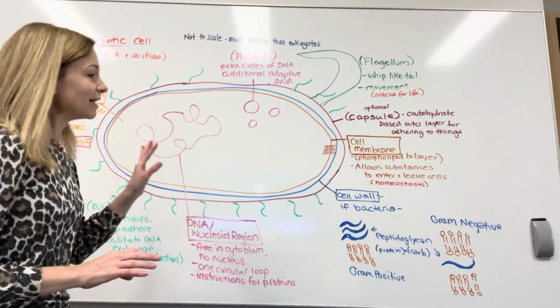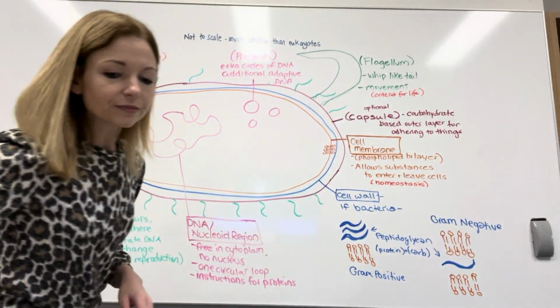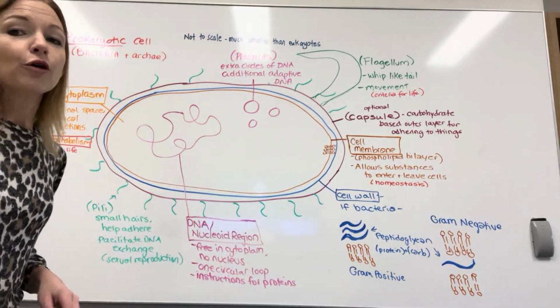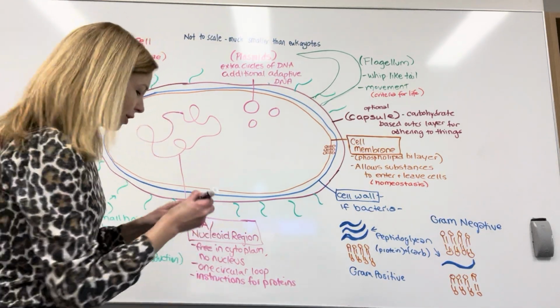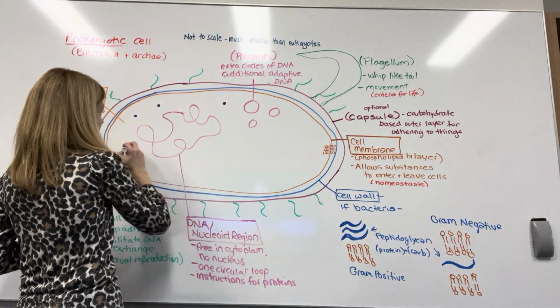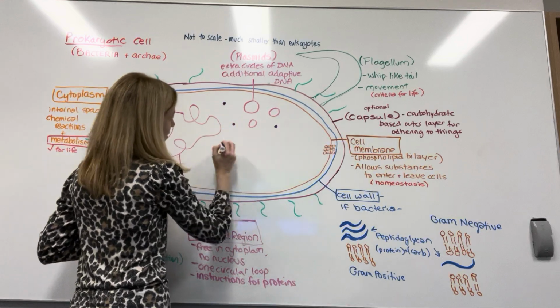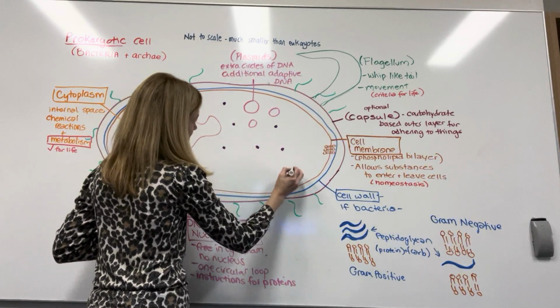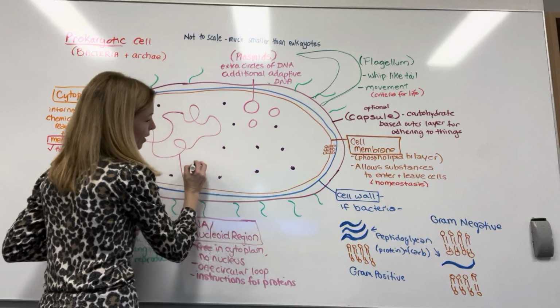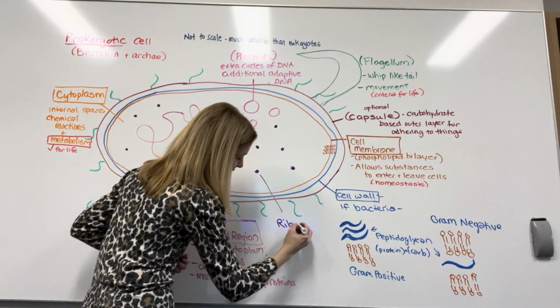And then the last thing that we need to add to our diagrams is something that all living things have, which are ribosomes. So we're going to add our ribosomes. So here are my ribosomes all throughout. And my ribosomes are going to make the proteins.